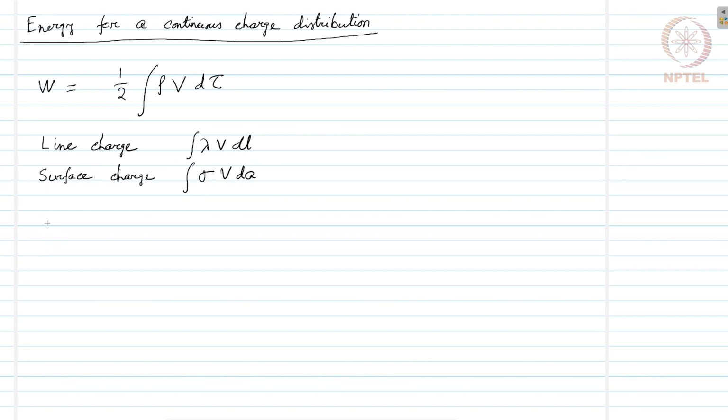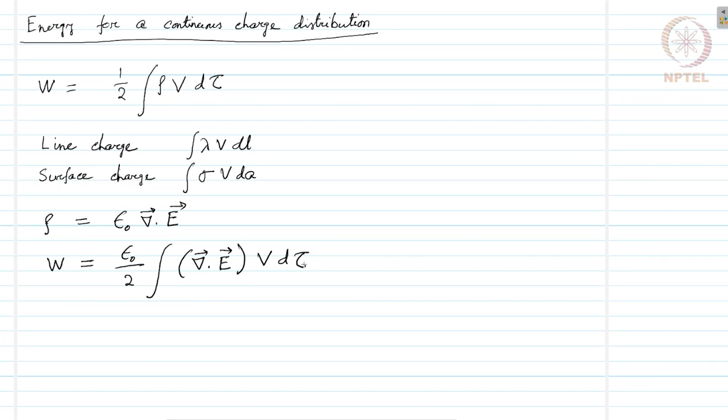So, if we consider a volume charge density rho, then this from Gauss law is expressed as epsilon naught times the divergence of the electric field. Therefore, the work done to assemble this charge density would be given as epsilon naught over 2 divergence of the electric field times the potential times the volume element.